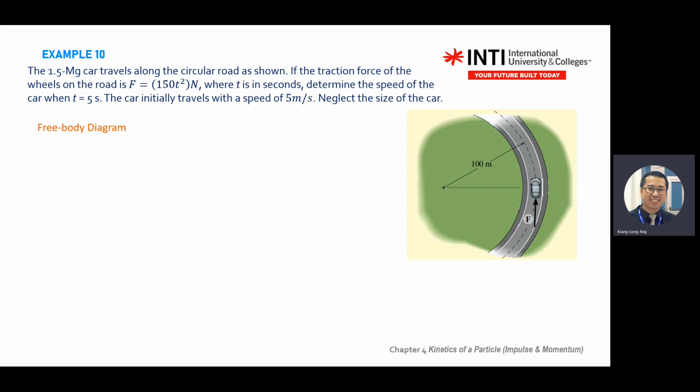This is very direct, it is a curvilinear motion. Straight away go to the object, draw the normal tangent axis. Then continue, write your acceleration in tangent and normal: normal acceleration is v squared over rho, and tangent acceleration a equals dv/dt.